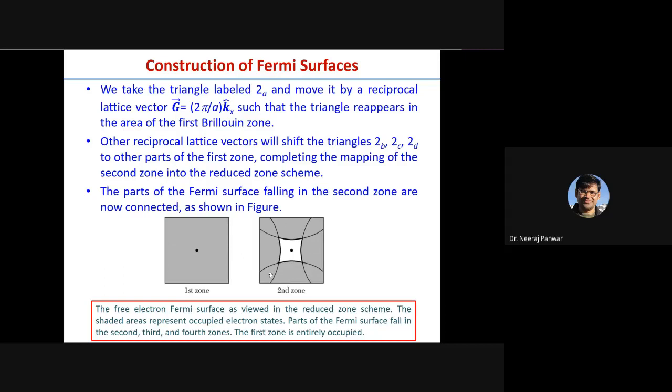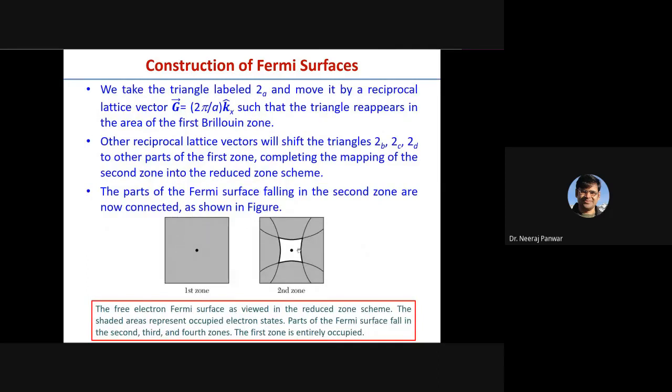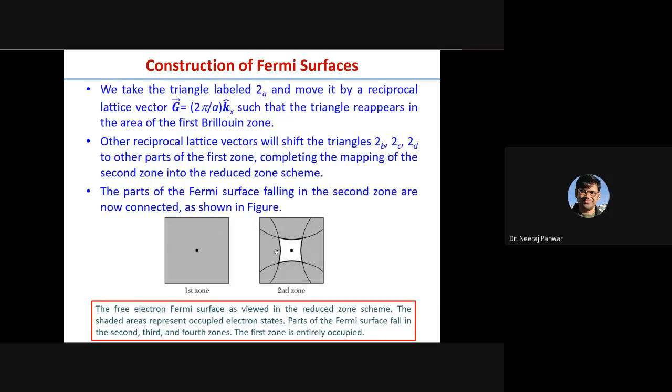So this is in the reduced zone scheme. When this part has been transferred, you see some empty region is present. Remember, we are now translating the Fermi surface, not the Brillouin zone. So we can have the empty circle. When we transferred parts of the second Brillouin zone, it covered the complete area. But now we are translating the sections of the Fermi sphere, so we will have some empty region.